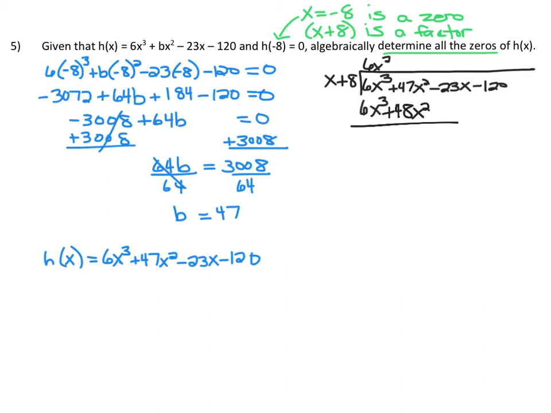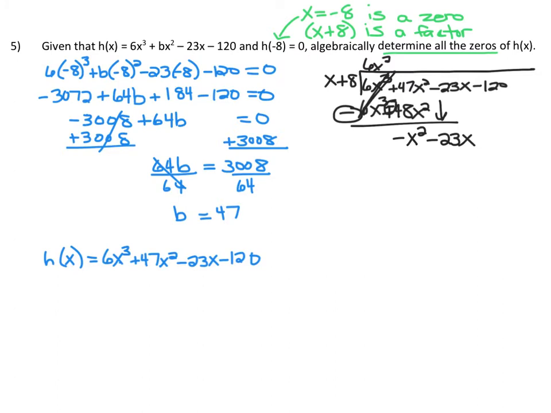Let's subtract, so we change our signs and circle it. The first two terms cancel off, and then 47x squared minus 48x squared is negative 1x squared. I'm just going to write negative x squared, and let's bring down the minus 23x.